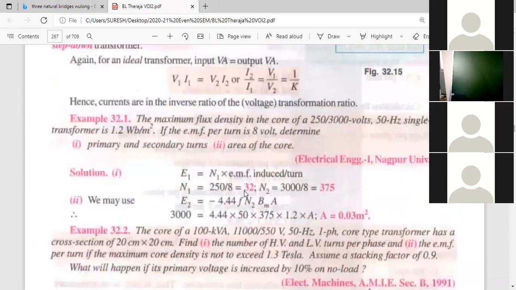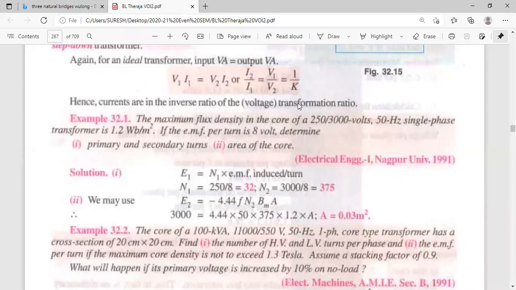Take down the problem. First problem. The maximum flux density in the core, core means iron piece, of a 250 by 3000 volts, 50 hertz single phase transformer is this one.